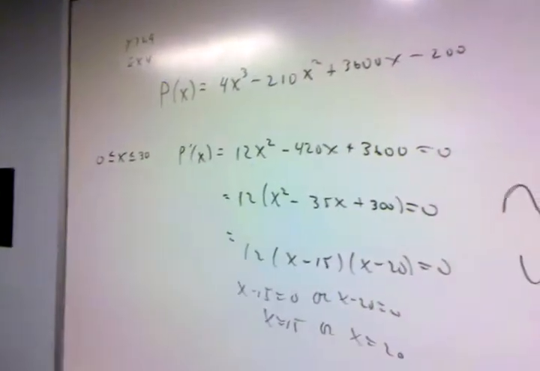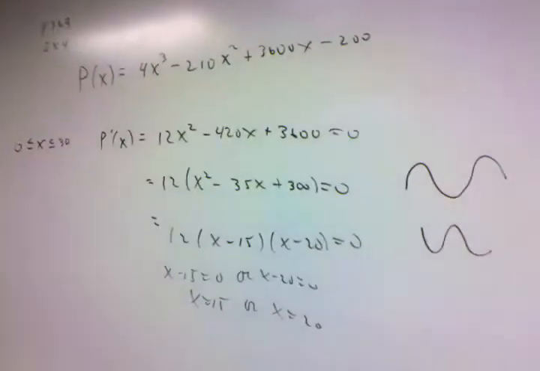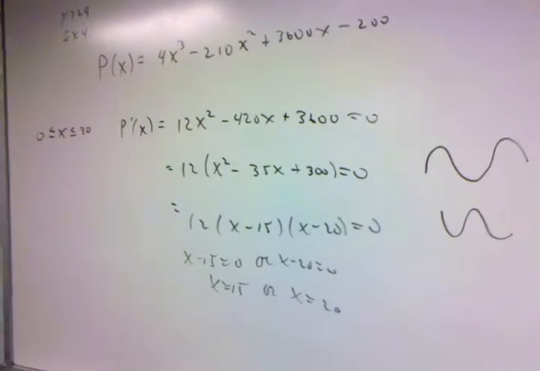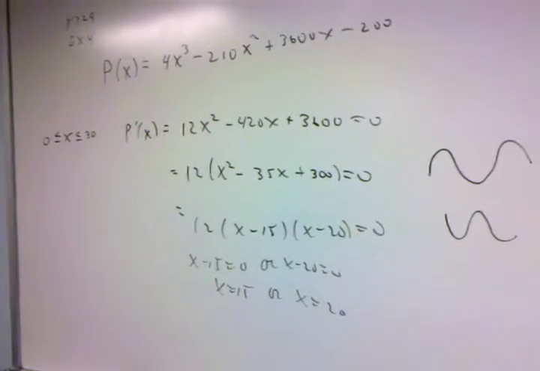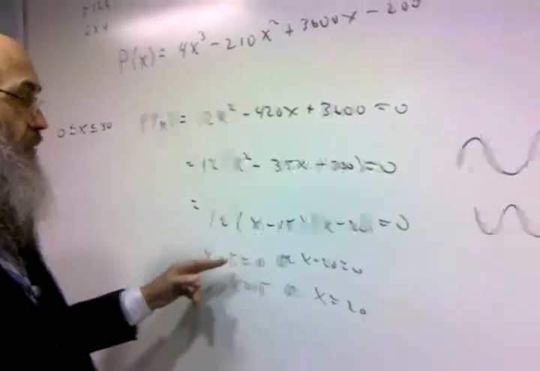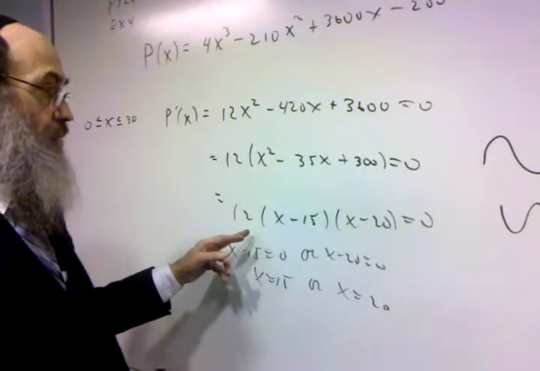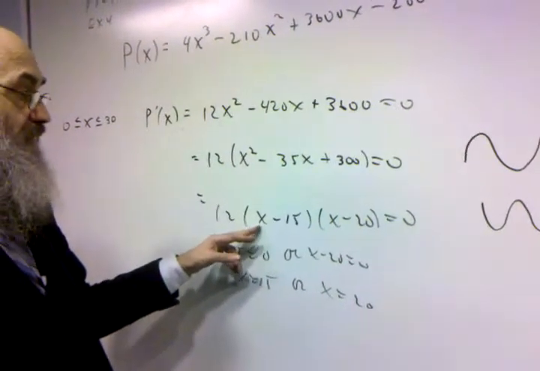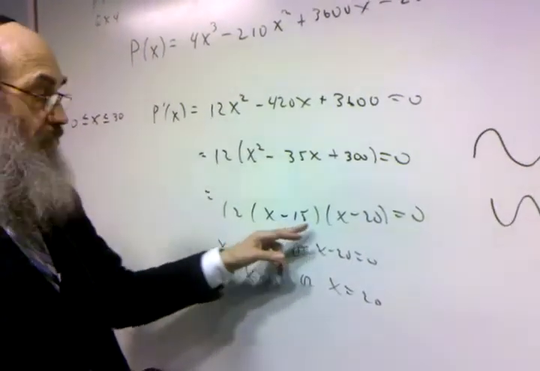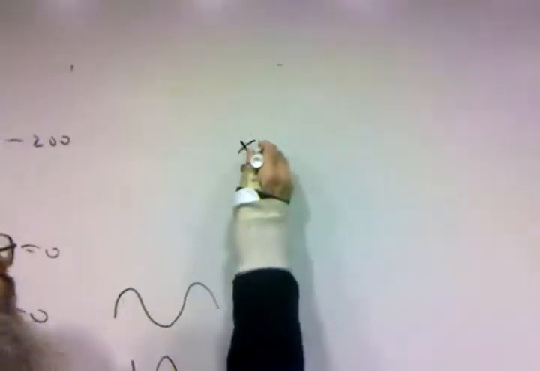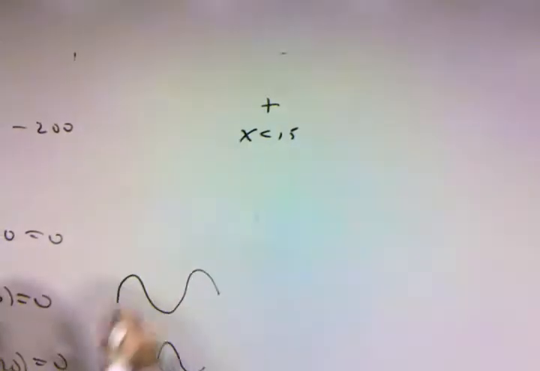The way we're going to look at this is the first derivative. If x is less than 15, this is a negative number, and this is a negative number, so the first derivative is positive.